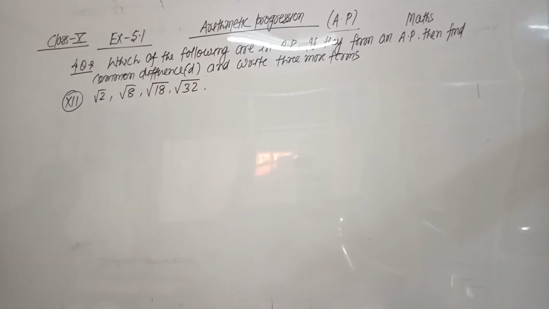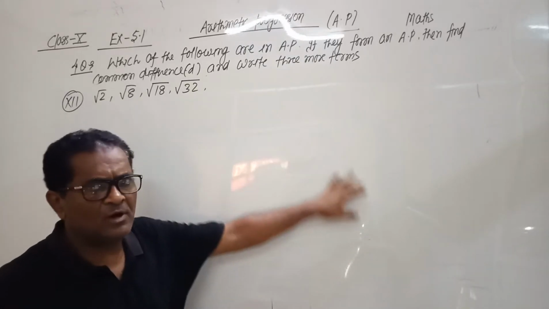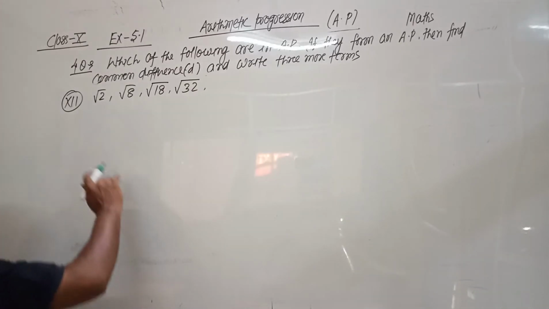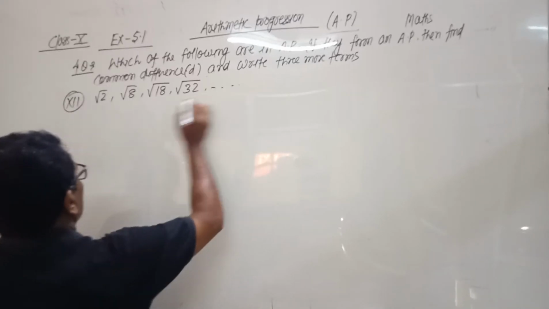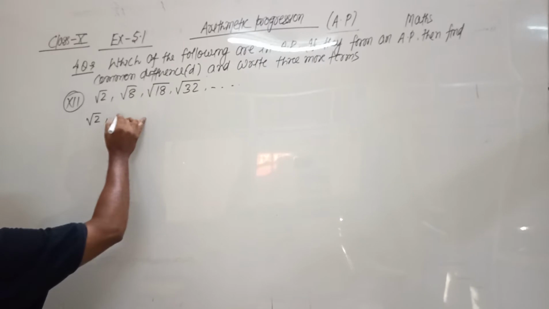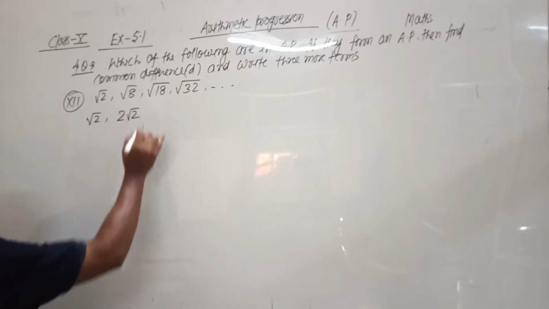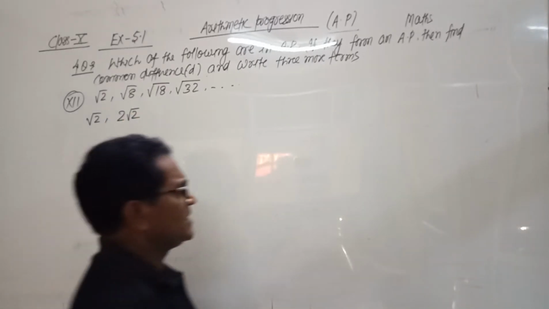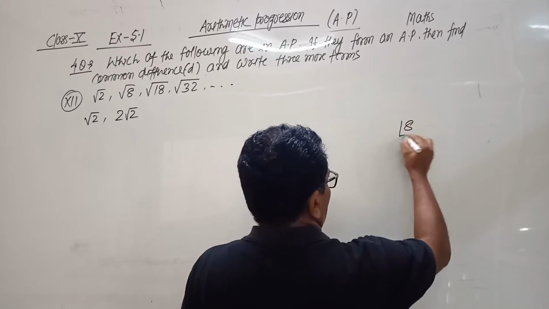So firstly, we have to check whether it is in AP or not. If it is in AP, then we have to write 3 more terms. So root 2 as it is, root 8 can be written as 2 root 2. How?